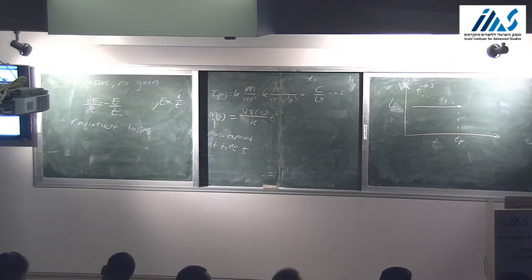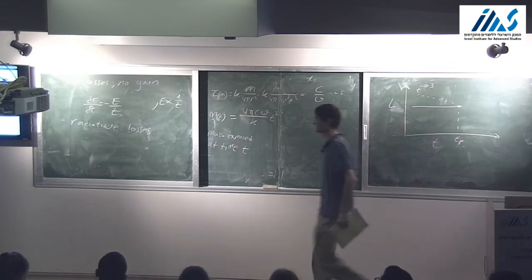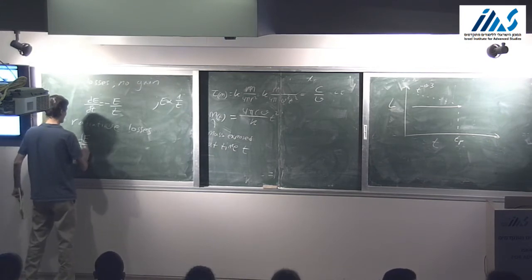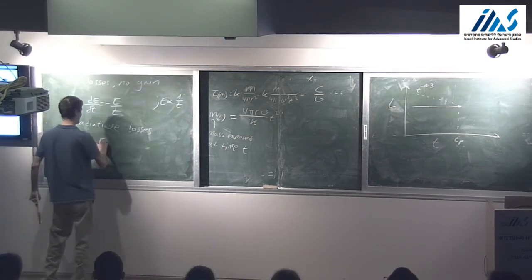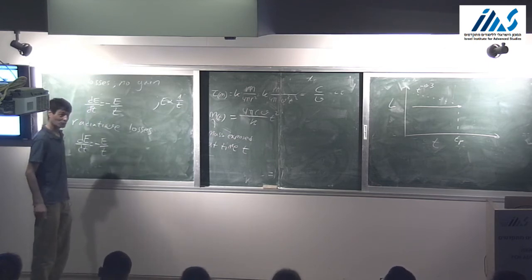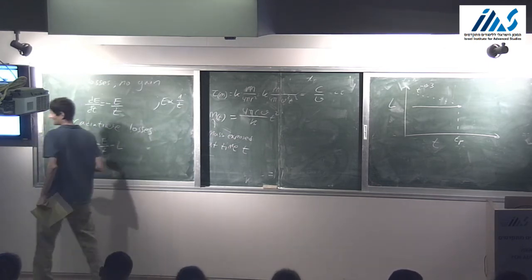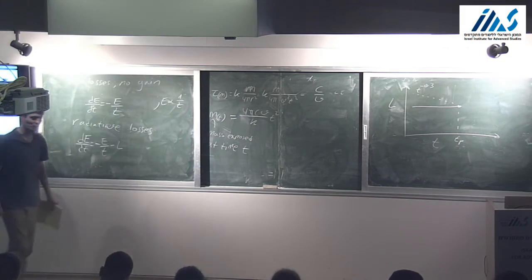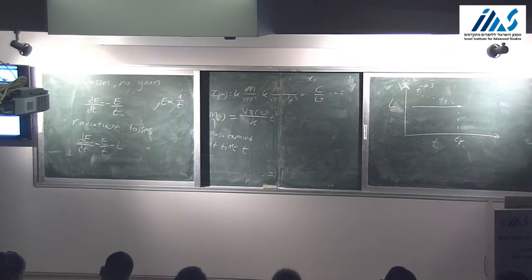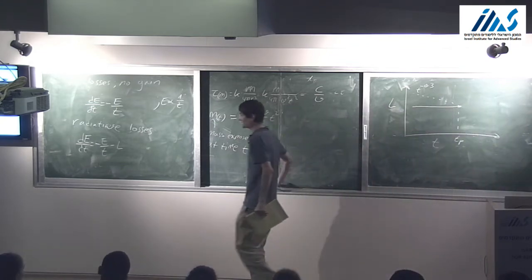How does it change the equation? dE/dt is equal to minus E divided by t minus L. That's it. L is how much energy per unit of time is lost from the system. So now this is my equation. All I need to do, if I know how to quantify L, is solve it.